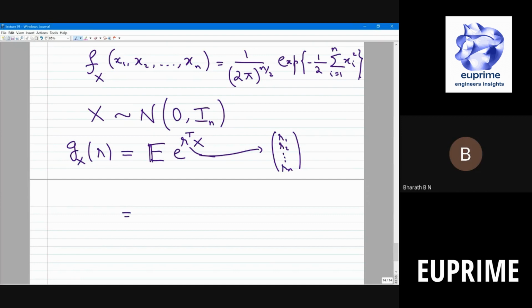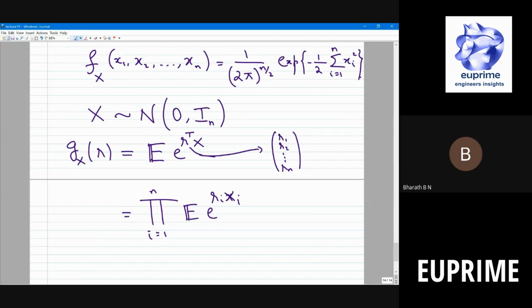The answer is also easy. It will be the product of the expected value of e to the power Ri Xi. Do you agree? This is nothing but the product of the MGF of each Xi.